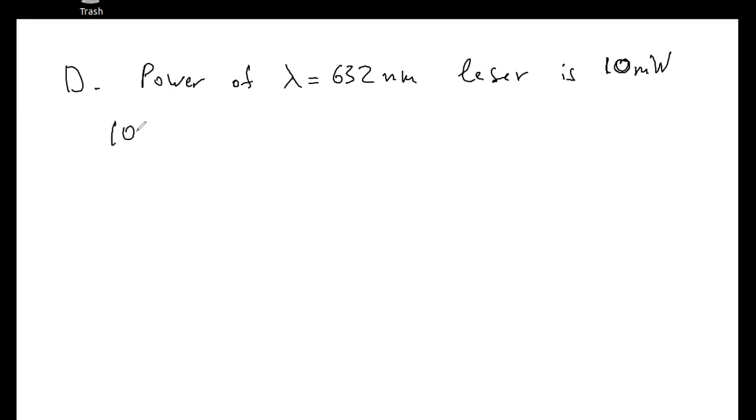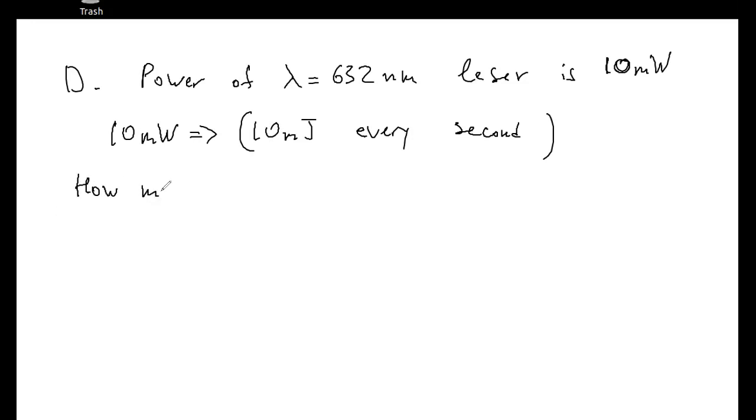Just to remind you, 10 millijoule every second. This amount of energy is emitted every second, and it gives you 10 milliwatt power for this laser. Then we can ask how many photons per second are emitted.